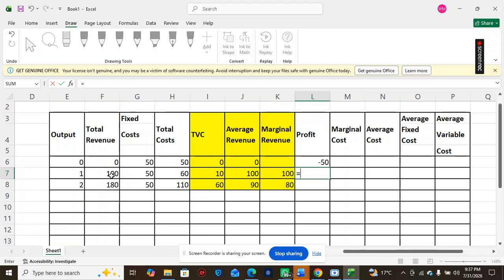When we produce 1 unit, total revenue 100 minus total cost 60, our profit is 40. When we produce 2 units, total revenue 180 minus total costs 110, profit is 70. Self-explanatory for profit here.